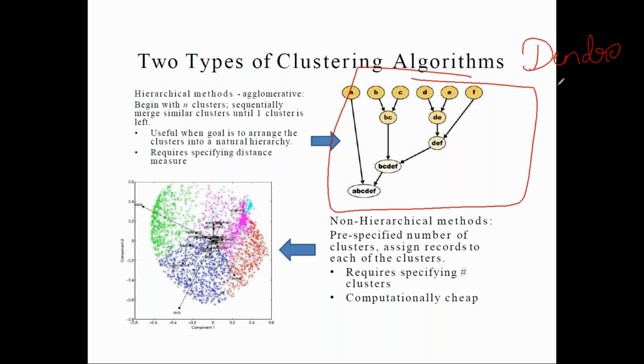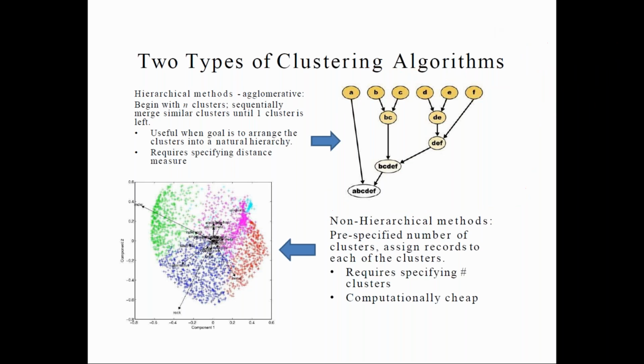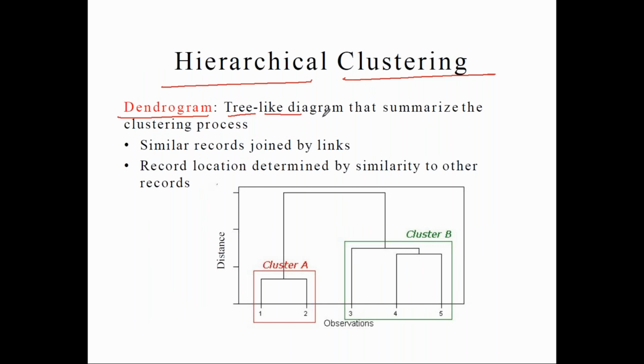In hierarchical clustering, the dendrogram is nothing but a tree-like diagram that summarizes the clustering process. So this picture of the tree-like structure is called a dendrogram.